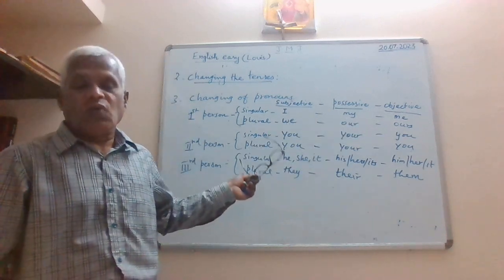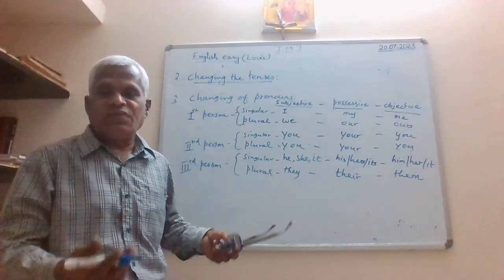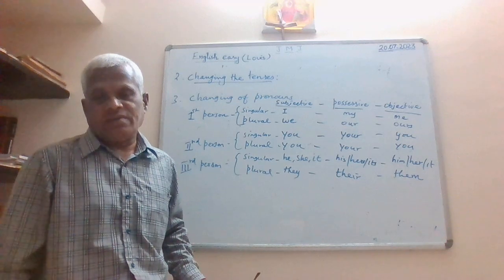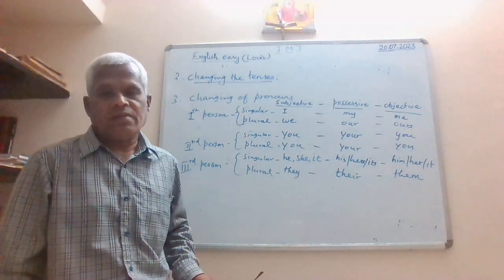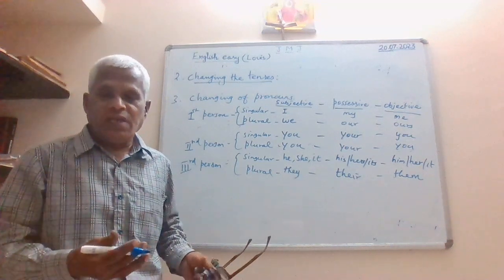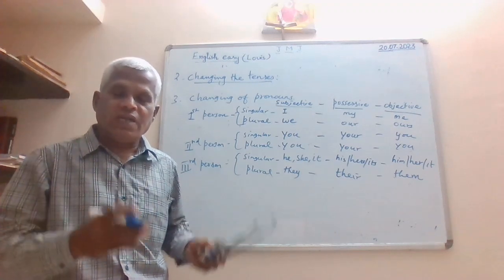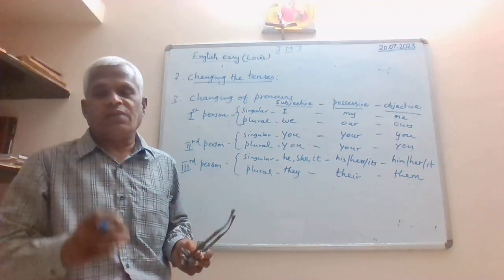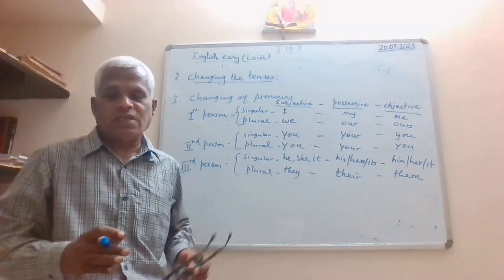These pronouns have a role to play when we change from direct to indirect. From here onwards, we are going to change from one sentence to the other, starting from the statement from direct to indirect, and then we'll come back to other sentences one after the other.